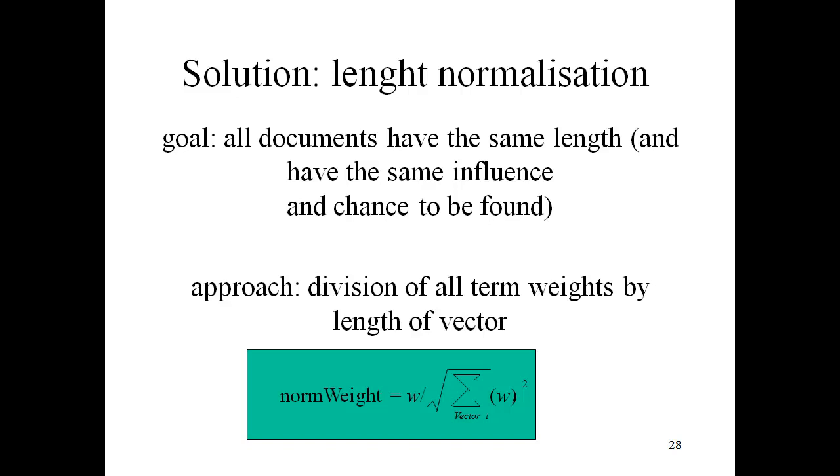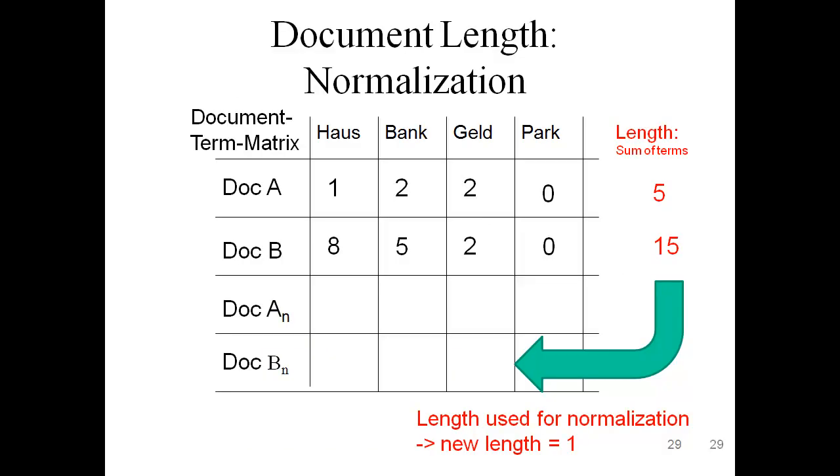All right? The approach is to divide all term weights by the length of the vector. The sum of the term length, we have A and B, and now we have a normalized version of A and B, which comes through our length normalization. 5 is the length of this document, 15 is the length of the second document, and we divide all word counts by the length of the document.